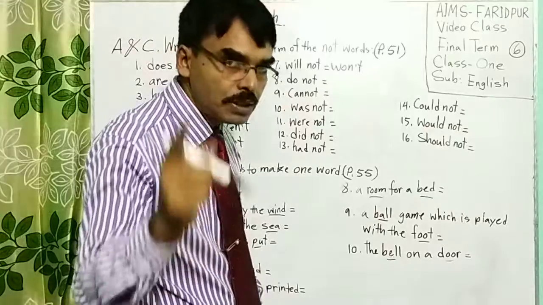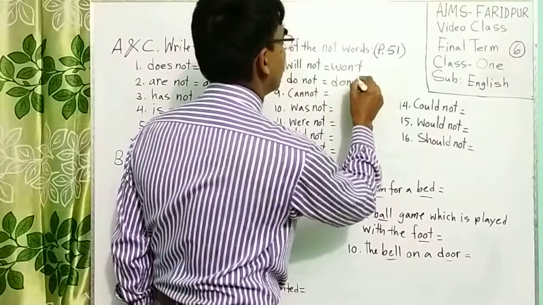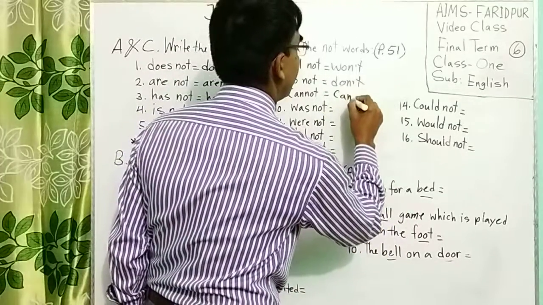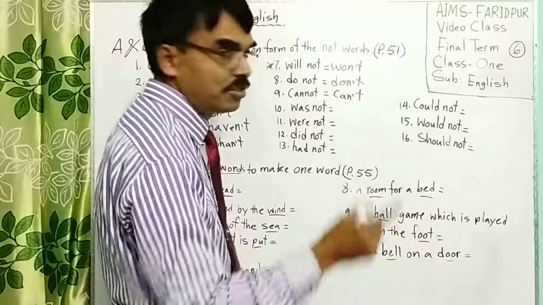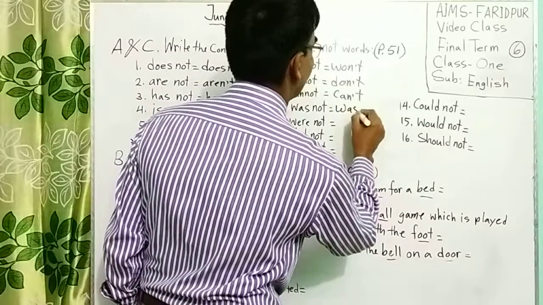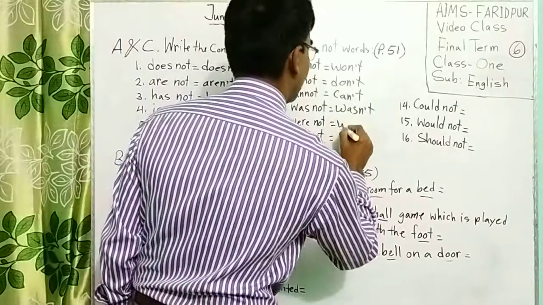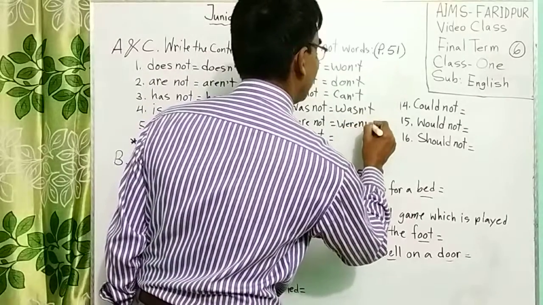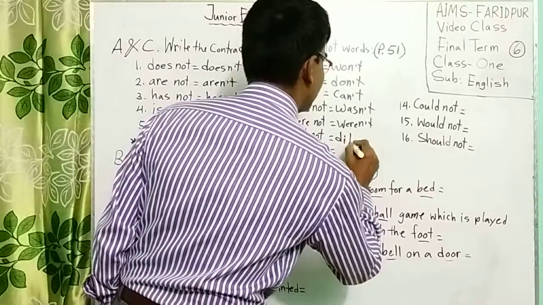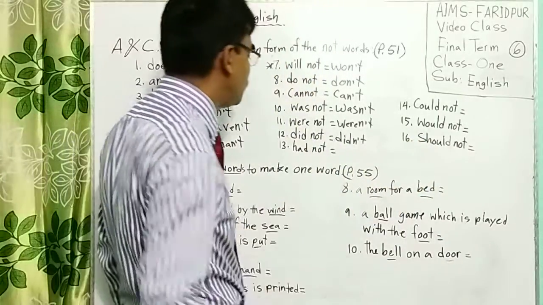Okay, then do not, don't. Then cannot, C-A-N, can't. We can say don't. Then was not, same, wasn't. Then were not, W-E-R-E-N, weren't. Then did not, D-I-D-N apostrophe t, didn't.